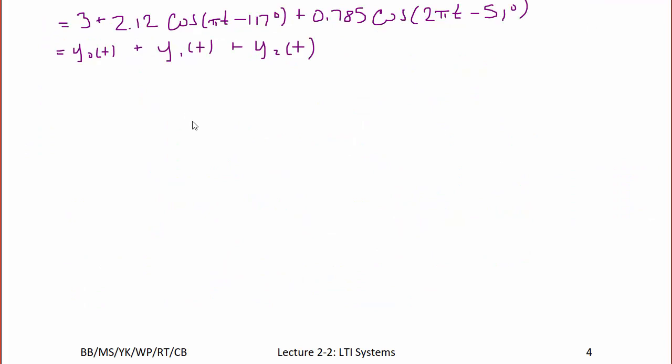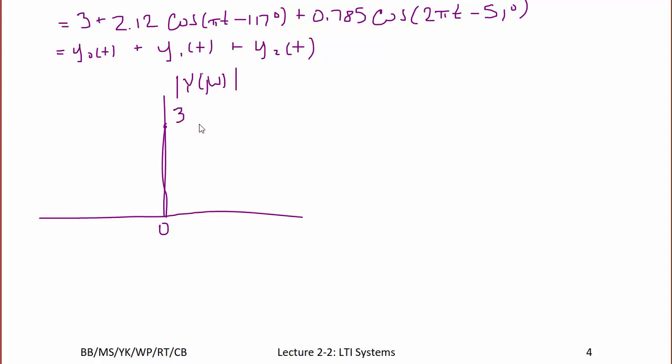Finally, I'm going to plot the magnitude spectrum for y of j omega and the phase spectrum for y of j omega. I will leave it to the viewer to make the spectrum for the input and the frequency response. So for the magnitude of y of j omega, what you're going to have is at 0, a value of 3. So you see the DC value passes through with no changes to the magnitude because it's a low pass filter and that's at the lowest frequency you can have.